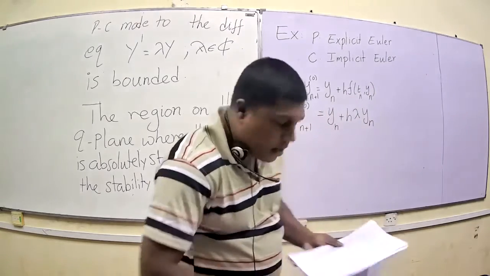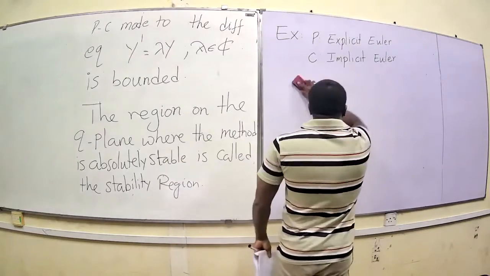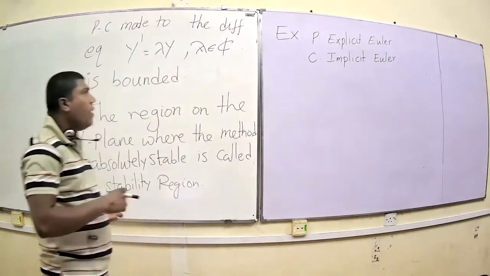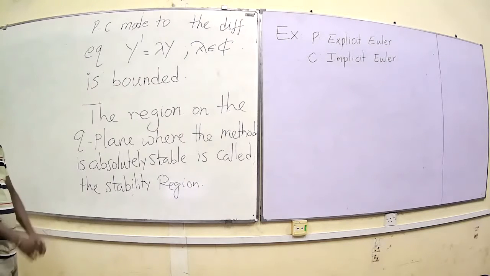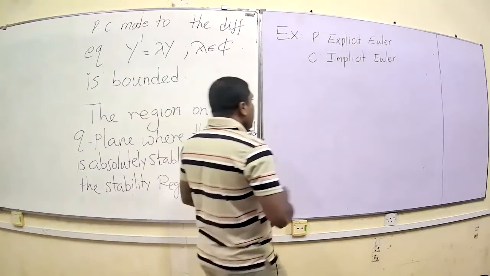Okay, let me explain this first and then write it down. So this is how we do it. You have the explicit Euler method as the initial prediction method and the implicit Euler method as the correction method.